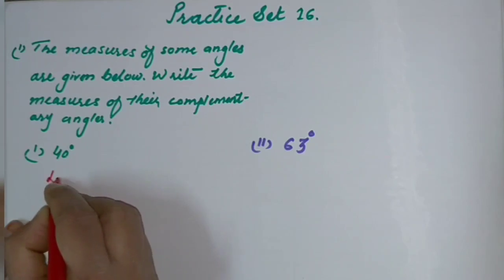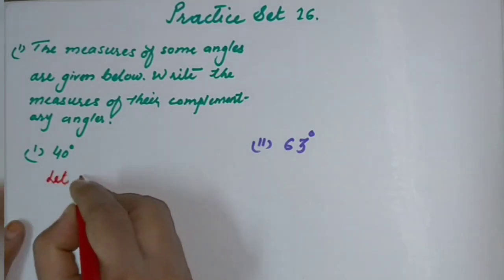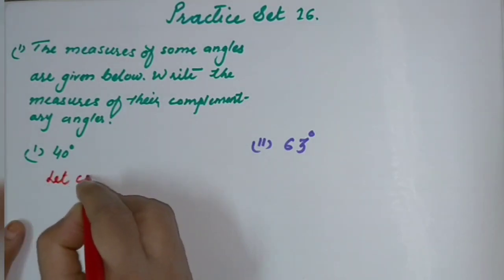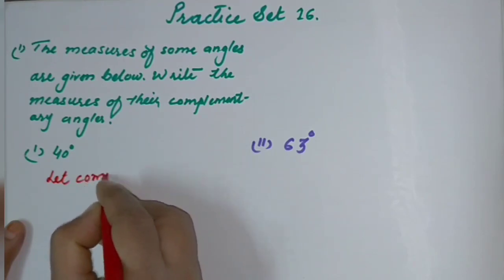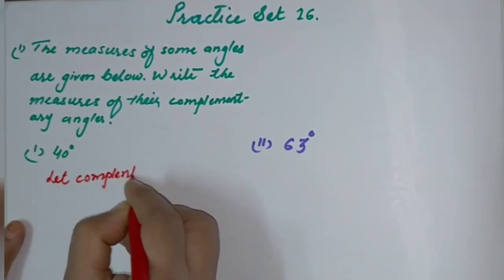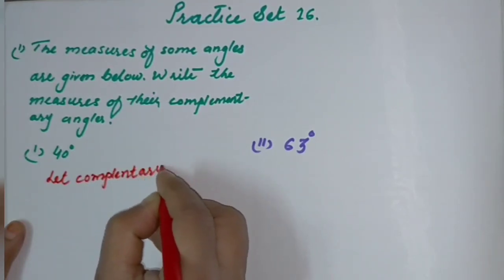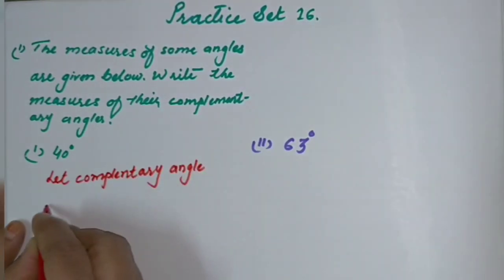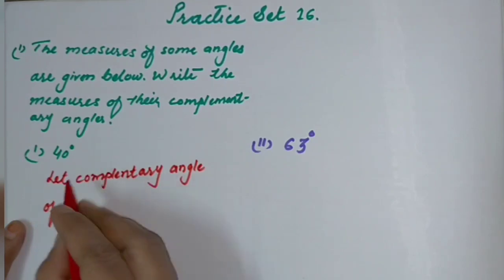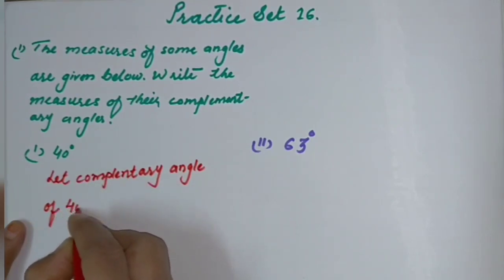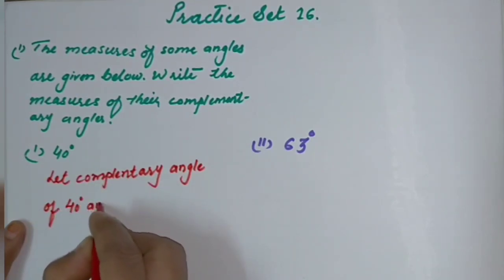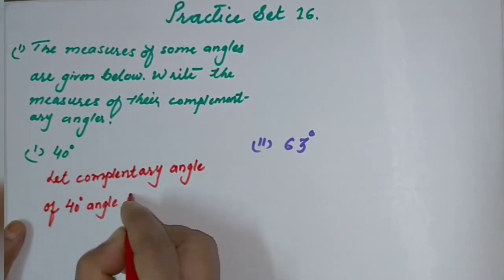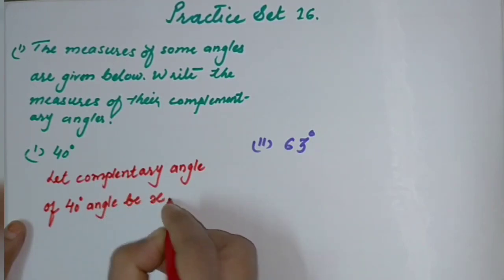We can solve it like this also. Let the complementary angle of the 40° angle be x.